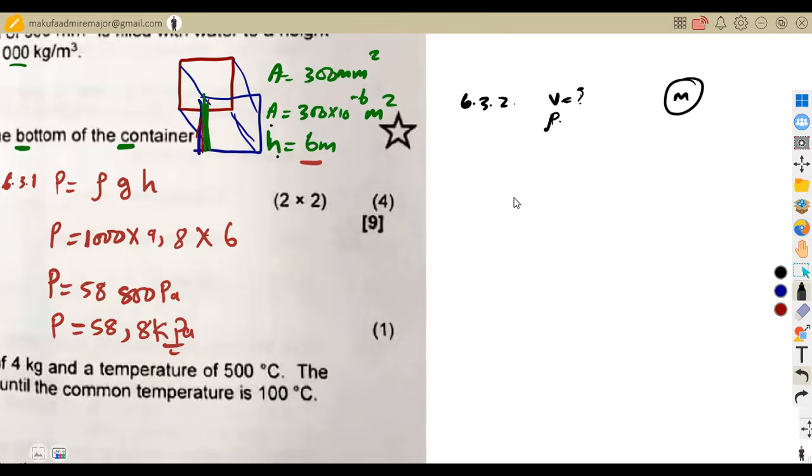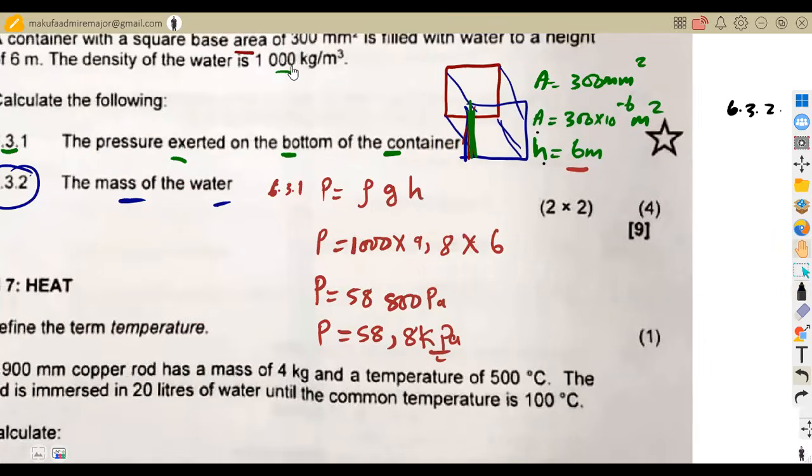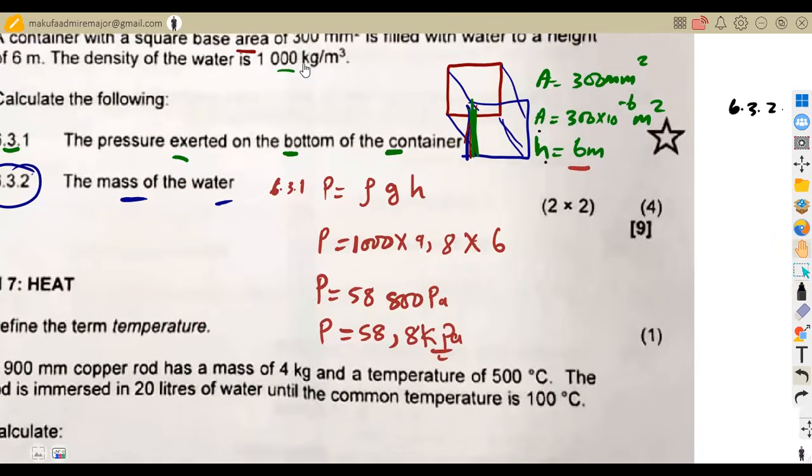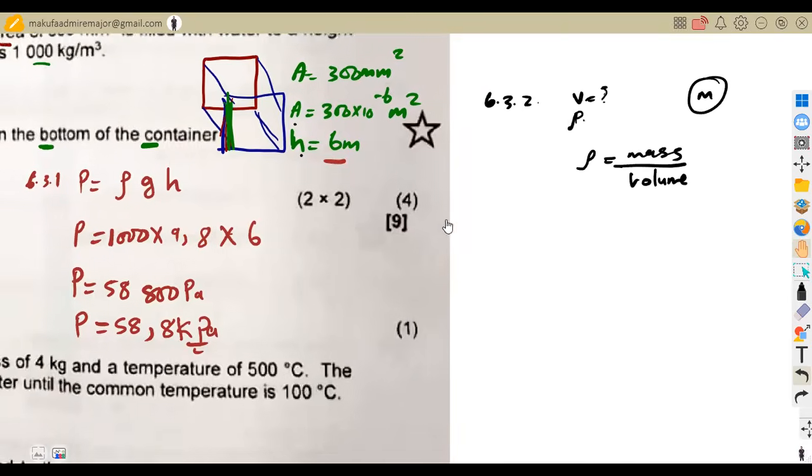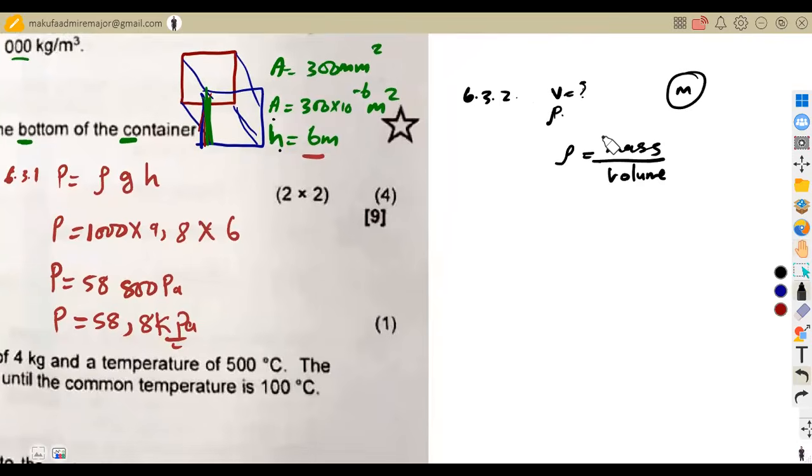Density is mass over the volume. Even the units, kg per cubic meter, tell us it is mass per volume. And what we want is to calculate the mass.